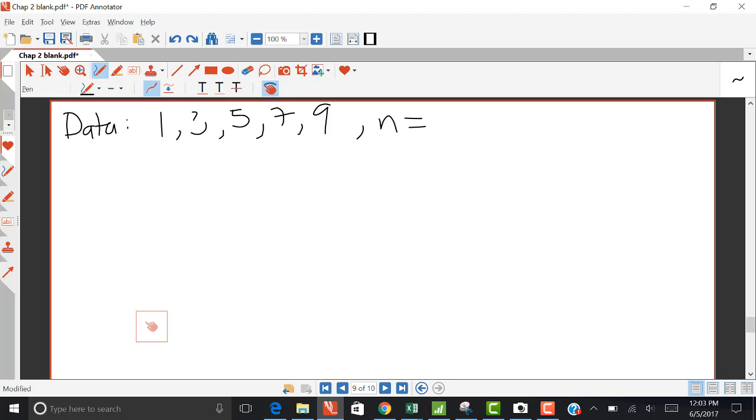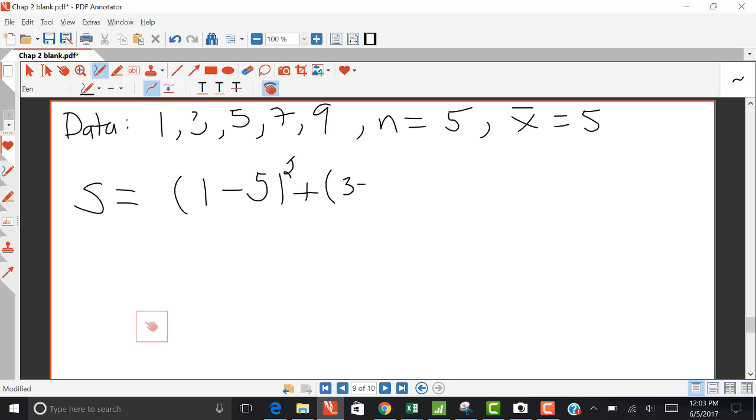There are 5 observations and the mean is also 5, simply a coincidence. Let's think about standard deviation. What we're going to do is take each observation, subtract it from the mean, and square it: 1 minus 5 squared, plus 3 minus 5 squared.